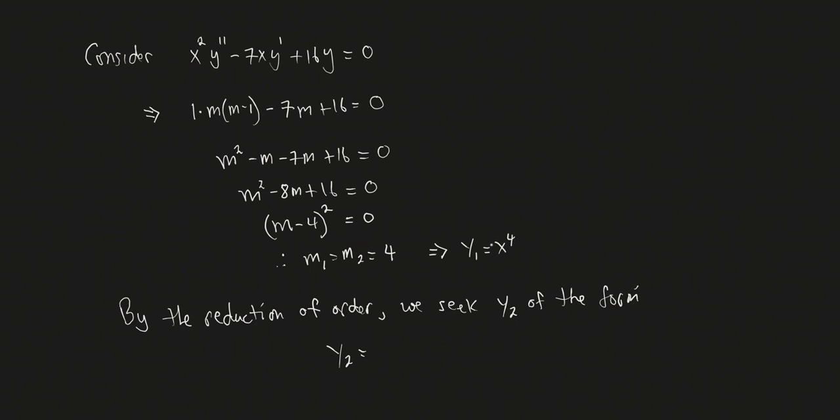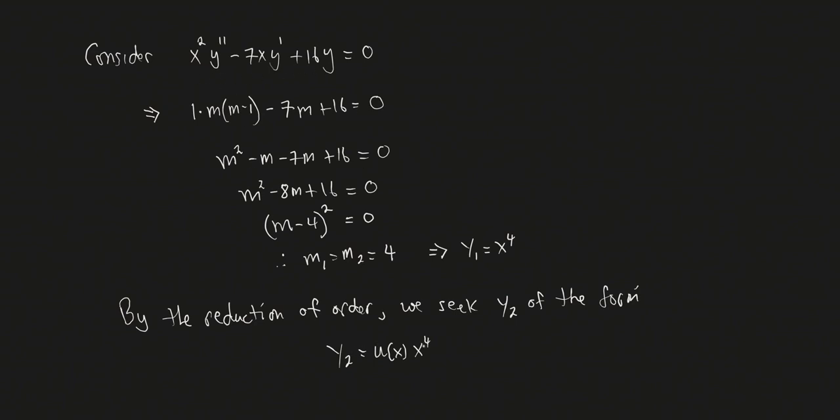So instead of thinking of this as being multiplied by a constant, we're going to say, okay, can we find a u of x, a function times x to the 4th, such that this second function is also a solution of the differential equation?